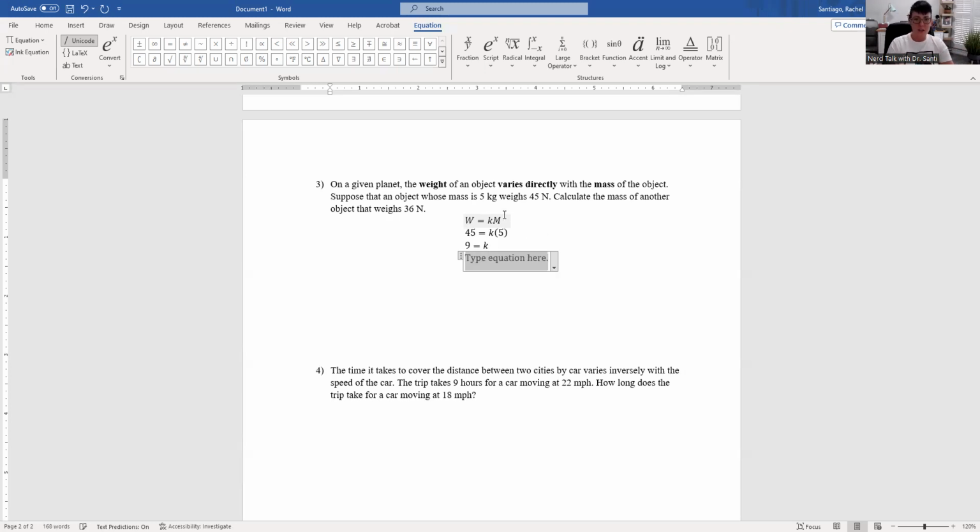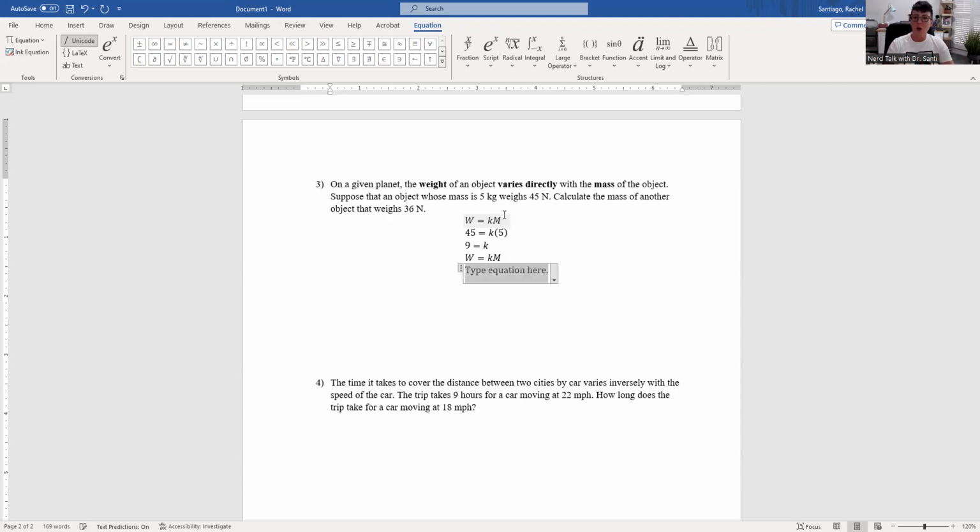We then consider, all right, I know what the equation is for this particular problem because we're still dealing with direct variation. But this time it says calculate the mass, so we don't know M, of another object that weighs 36 newtons. So we're going to go ahead and replace W with the weight, which is 36.